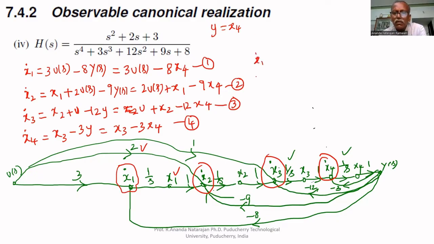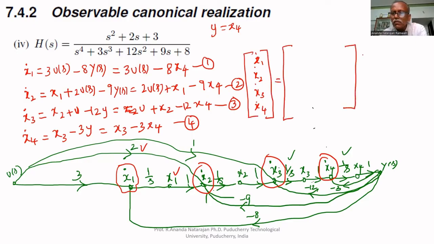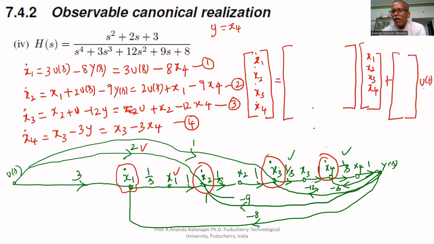That is x1 dot, x2 dot, x3 dot, x4 dot equal to the matrix times x1, x2, x3, x4, plus the input matrix times u of t. X1 dot equal to 3 u of s and minus 8 x4.